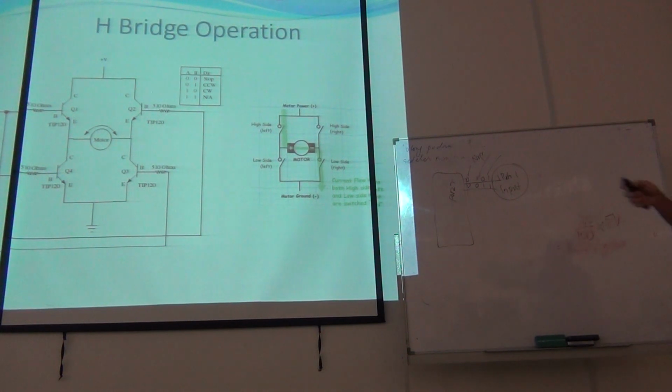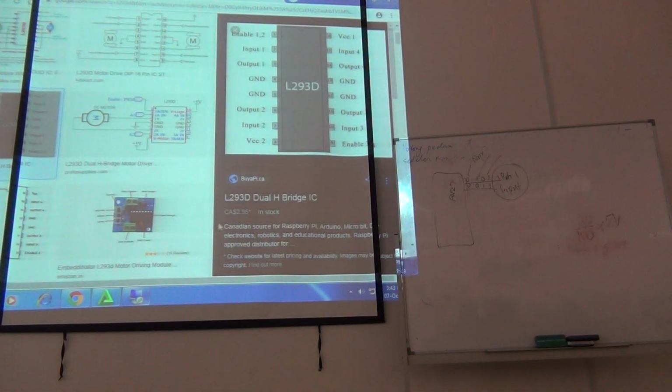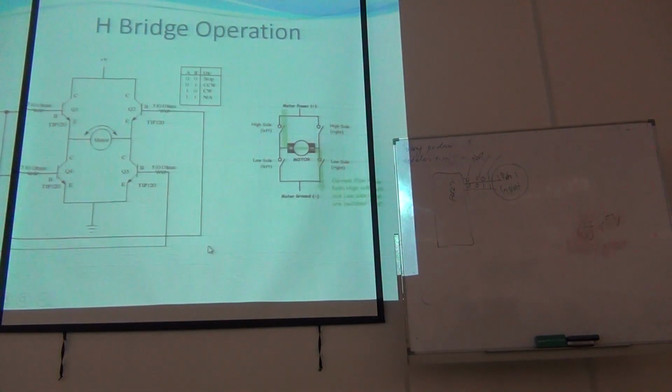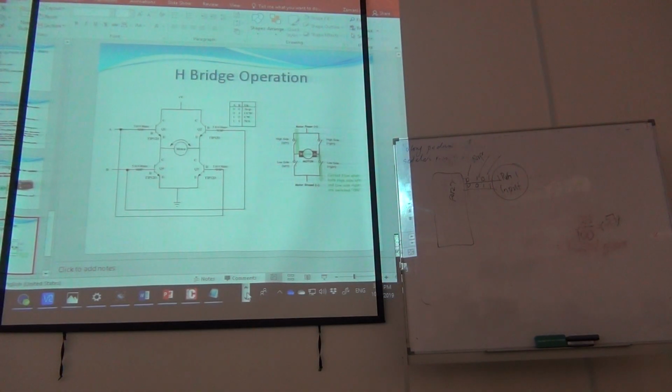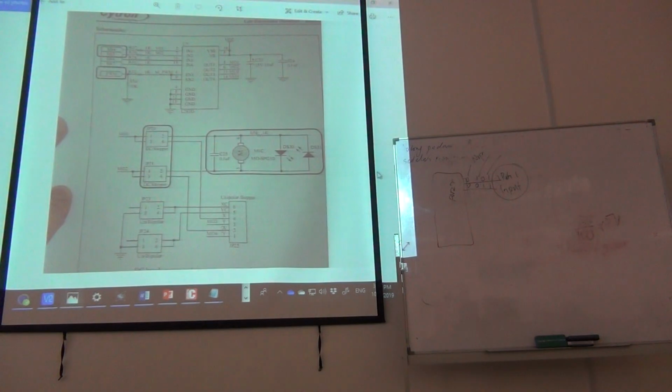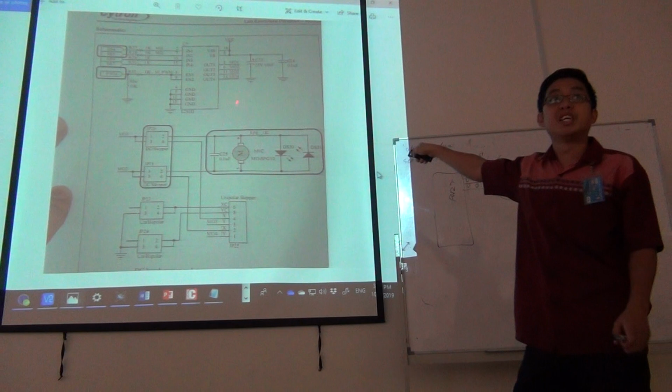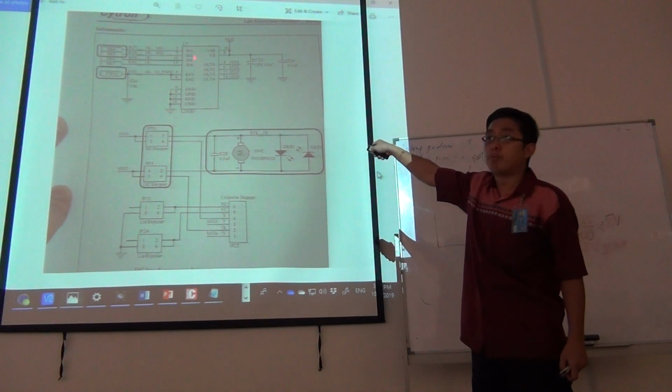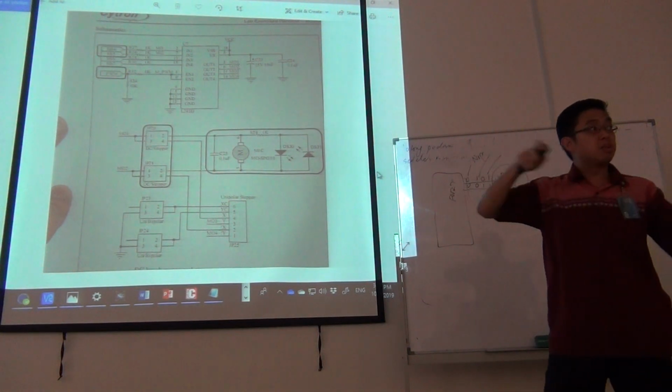So now you have back to the L293D. Back to this drawing, you can see that from the L293D, input 1 and input 2 are no longer physical like just now.